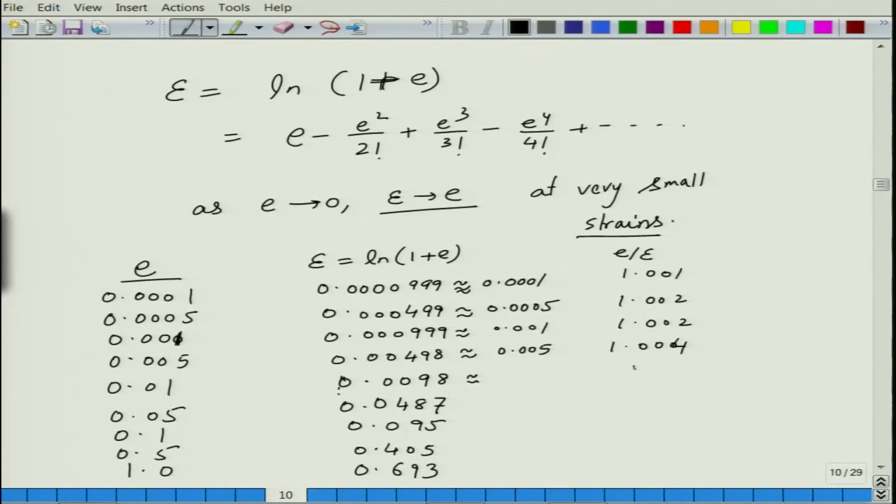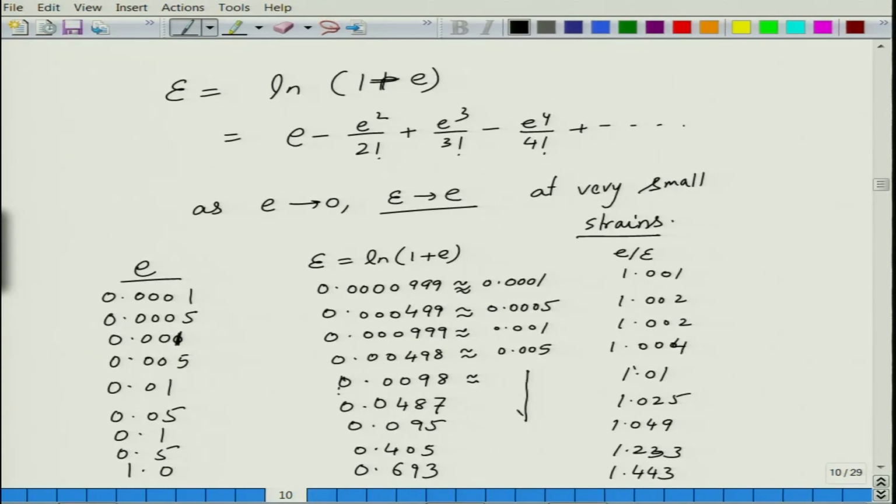And you can see this ratio. For example, here it will be 1.443, for this it will be 1.233, for this it will be 1.049, for this it will be 1.025, and for this it will be something like 1.01. So, you can see that these two values start diverging somewhere around 0.01.